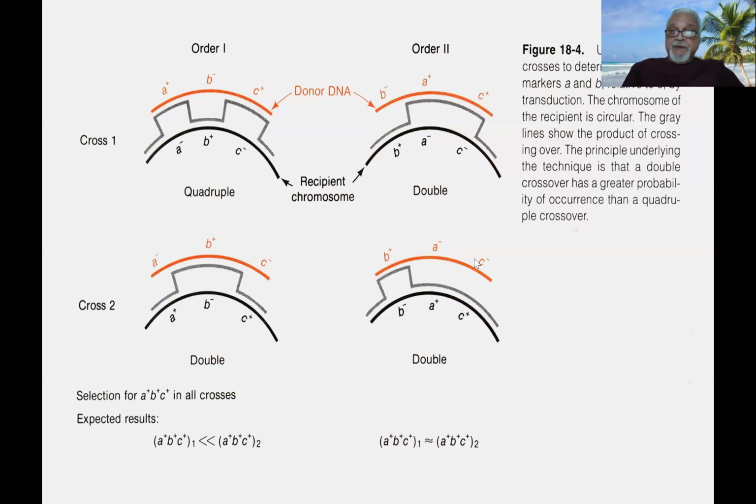So just by comparing the number of transductants in these two kinds of crosses, one can decide the order of the three markers A, B, C, whether it is ABC or BAC. This is one of the objectives of gene mapping: you look not only for linkage among the marker genes, but you can also decide the order.